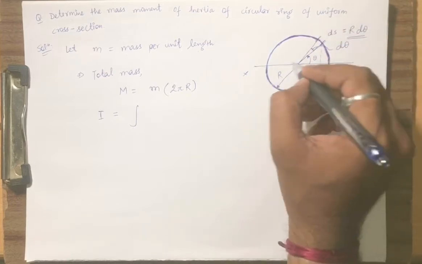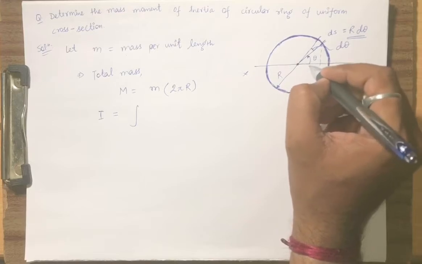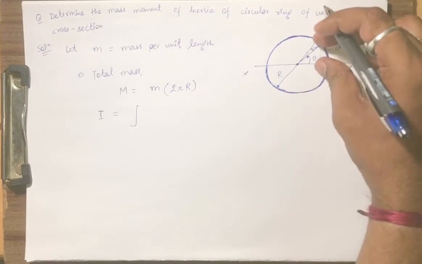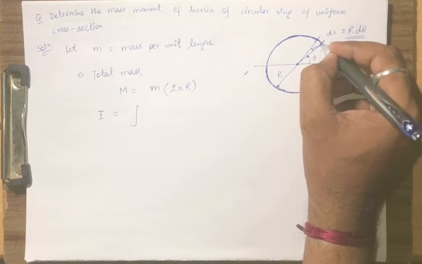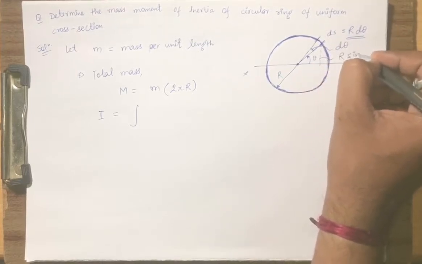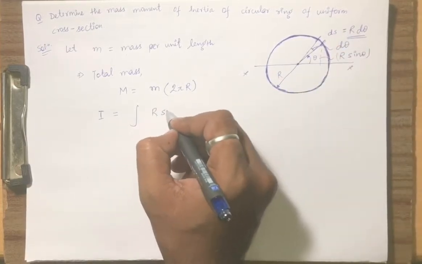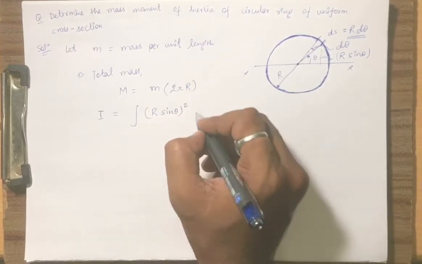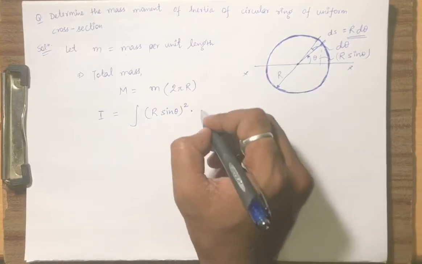So this is the axis. Okay, so this is r cos theta and this is r sin theta, this component. So from this axis, how much distant is this element? This is r sin theta, this distance. So the distance from the axis squared multiplied by dm.